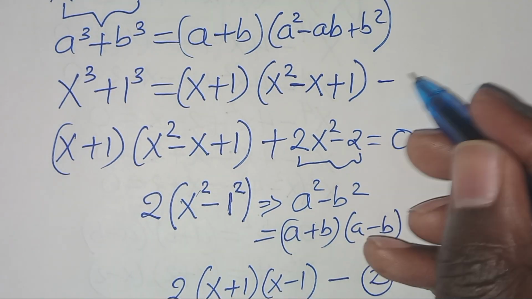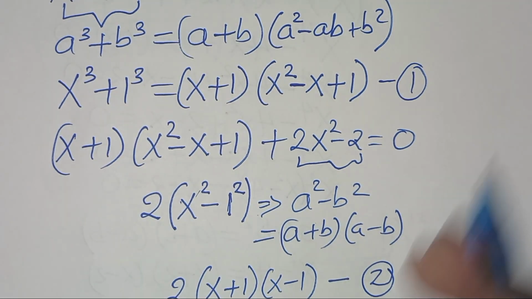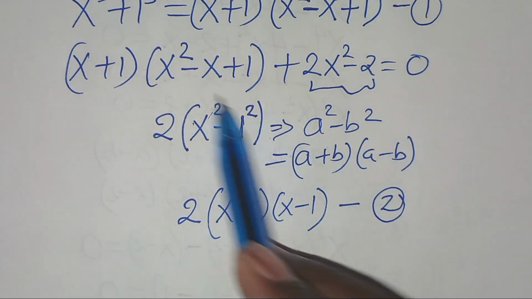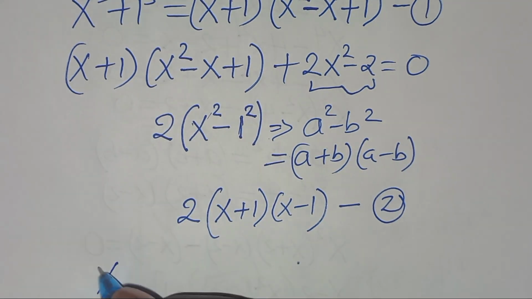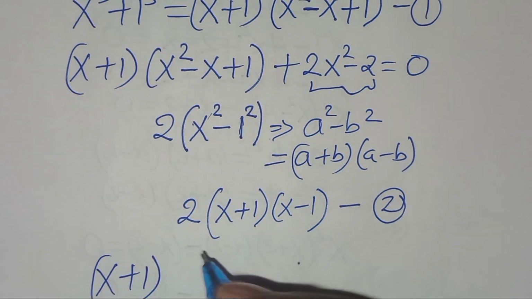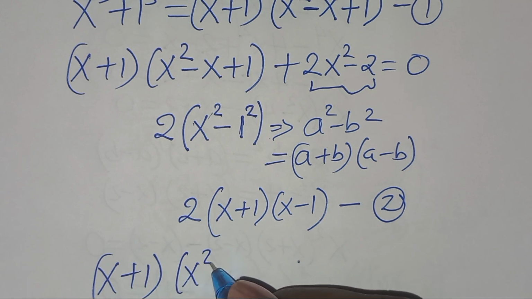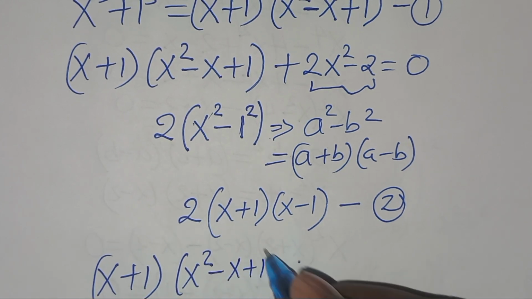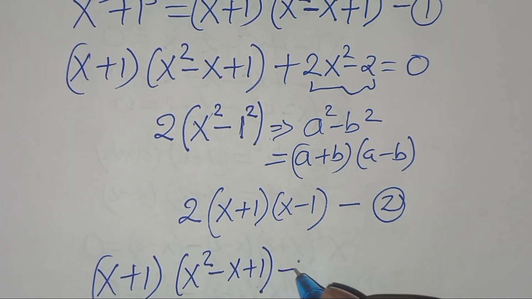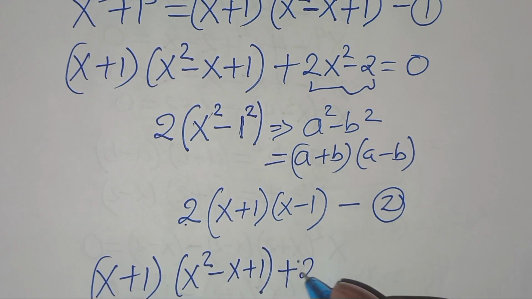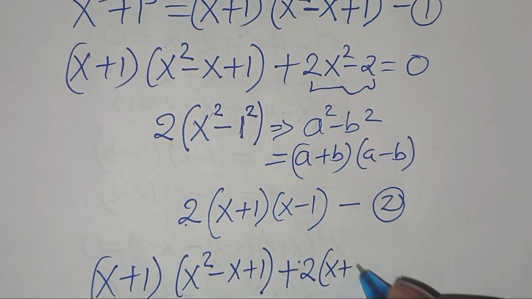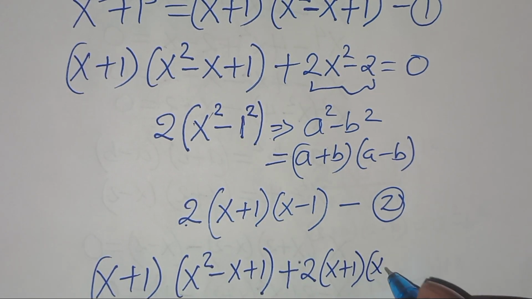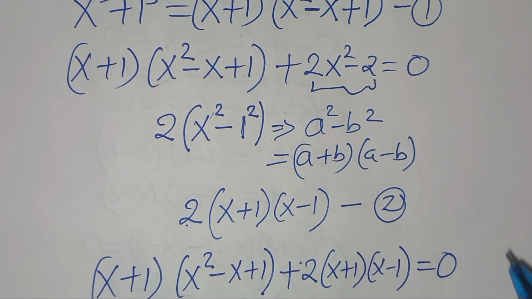So we have equation 1 here. Let's combine the two of them. So that now, since we have x plus 1, we have x squared, subtract x plus 1, then plus, we have 2, x plus 1 here, and also we have x minus 1. This is equal to 0.